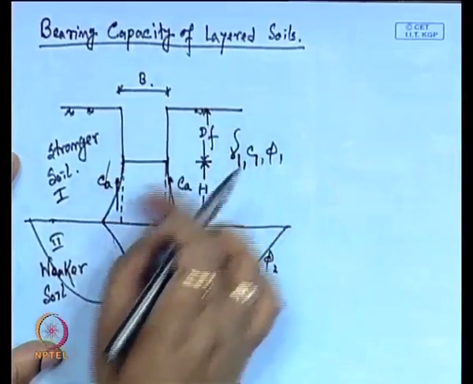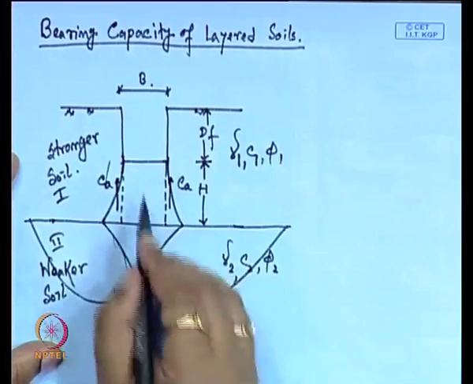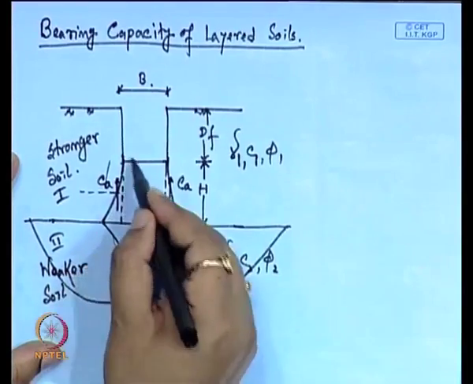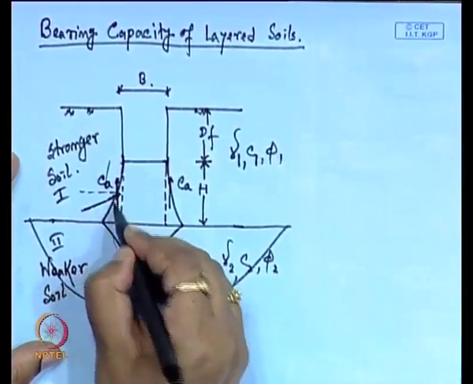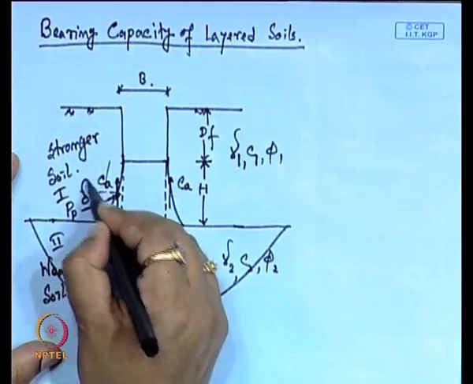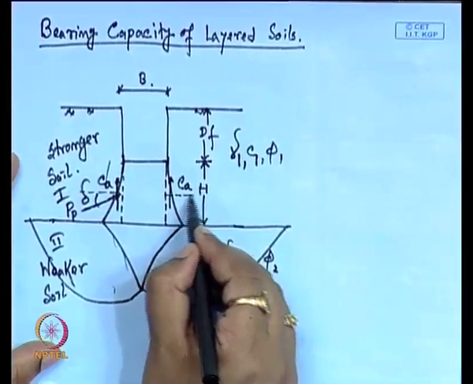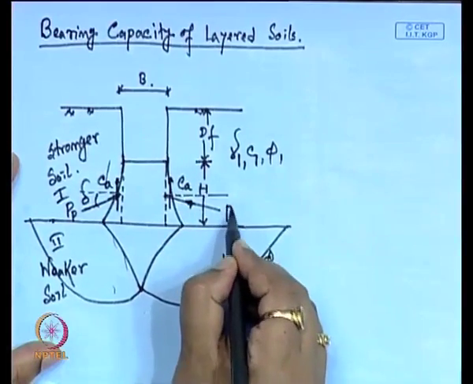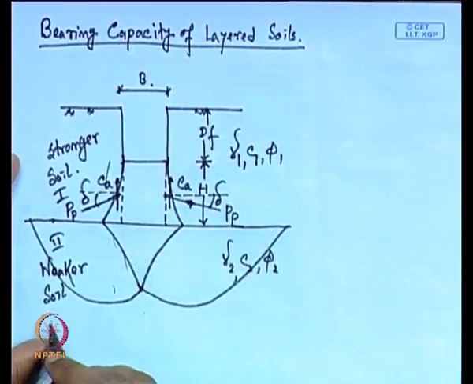Another thing, the passive resistance, which the surrounding soil will provide for this zone or this zone, that is the passive resistance P P, which is acting at an angle of delta. Similarly, this side also, this is the P P, which is acting at an angle delta.